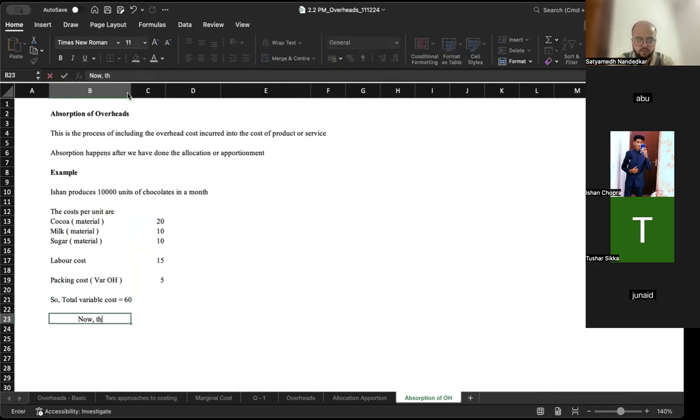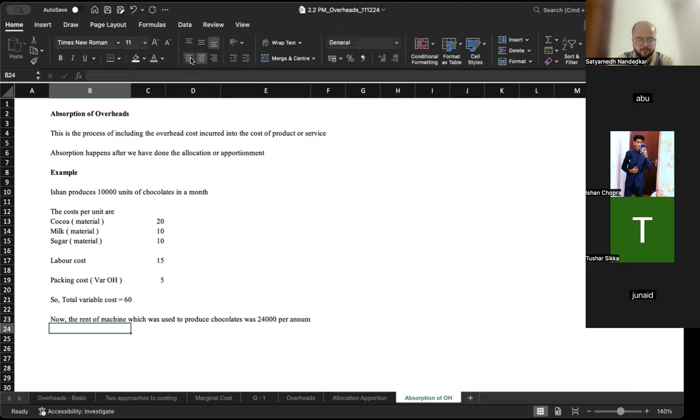Now, the rent of machine which was used to produce chocolates was 24,000 per annum.